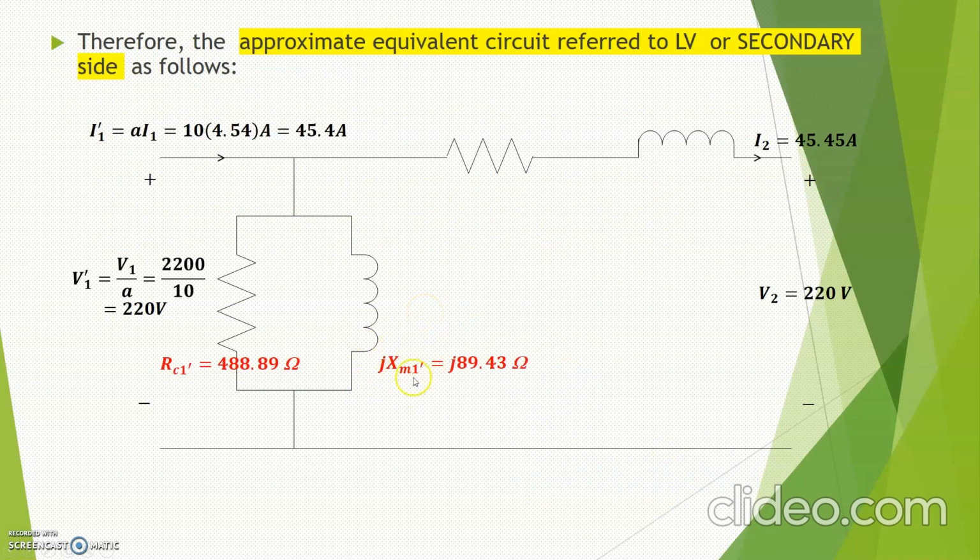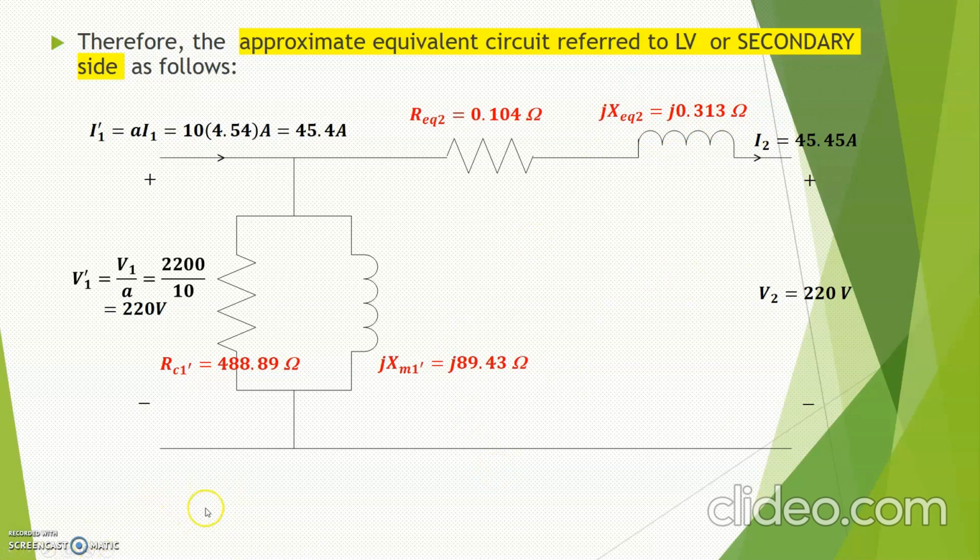Your jXM1 prime is equal to j89.43 ohm. Your R equivalent referred to the secondary side is equal to 0.104 ohm, and your X equivalent referred to the secondary side is equal to j0.313 ohm. So that is how you determine each of the parameters for the equivalent circuit referred to the secondary side.